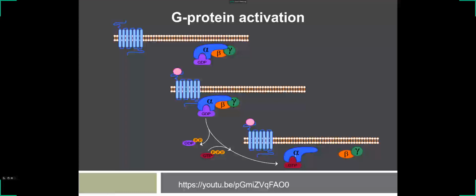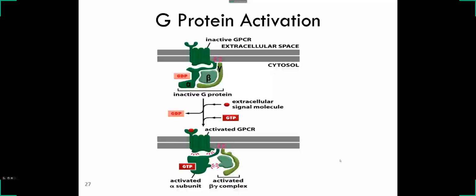This alpha GTP is inherently unstable, and once it hydrolyzes the GTP, it will go back to an inactive GPCR. Okay? And that's again highlighted here.